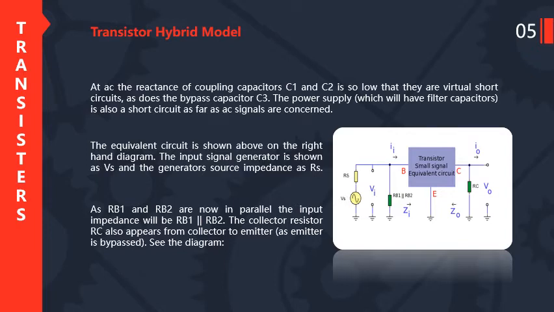The collector resistor RC also appears from the collector to emitter. As the emitter is bypassed, you can see the diagram. In this diagram, RB1 is parallel to RB2 and the emitter is bypassed.